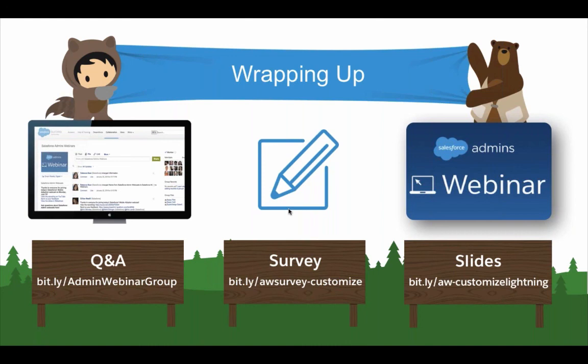And for admins that are curious about that, a really great way to get the look and feel of what it will look like, if you do have customized pages that you've spent a lot of time on with their page layouts and a lot of related lists, a really quick way to even just see is to go into Classic Setup, Lightning Experience, and there's a button that says Preview in that Lightning Experience page.